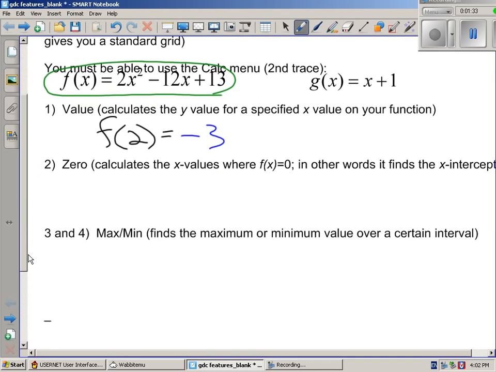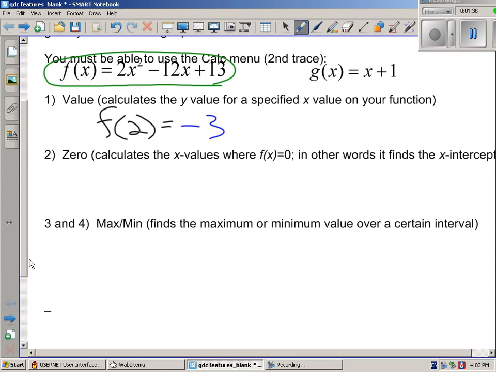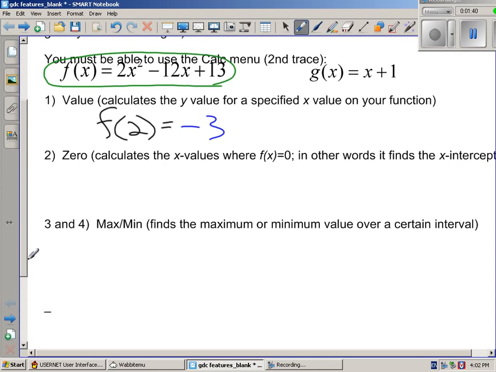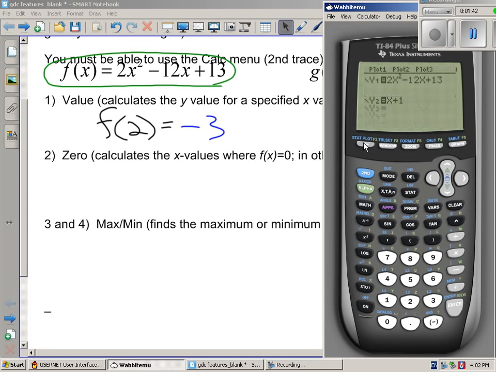Zero calculates the x values where f of x is 0. In other words, it finds the x-intercepts. So if I wanted to find the x-intercept of that graph, first of all, I'm going to turn off my linear graph. To find that first x-intercept, I'll go second calc, find the zero.